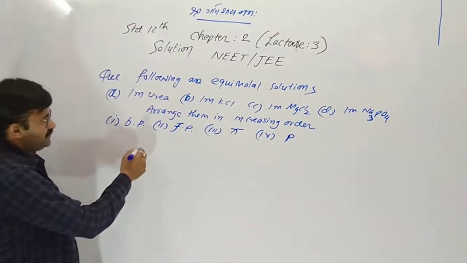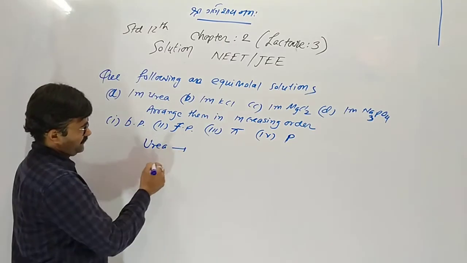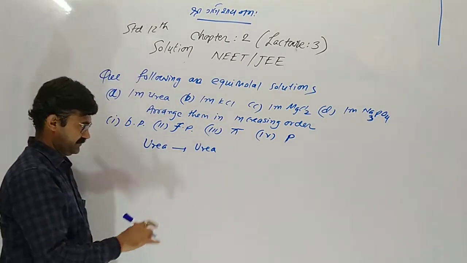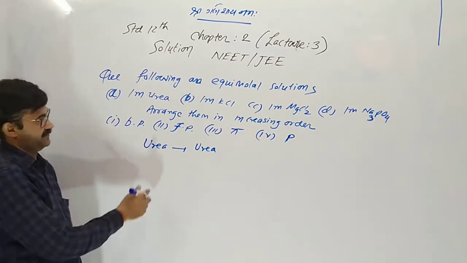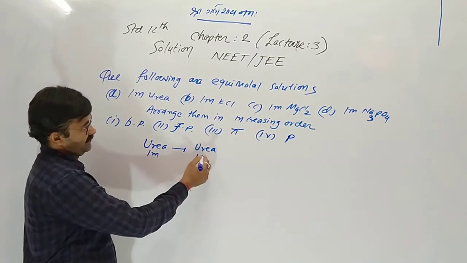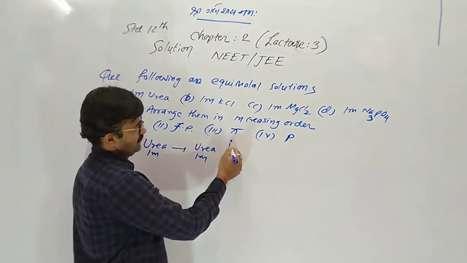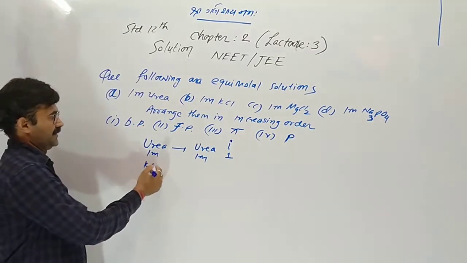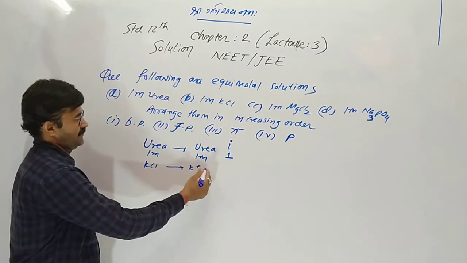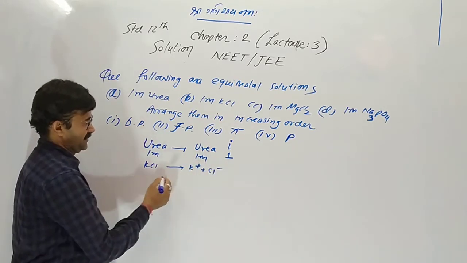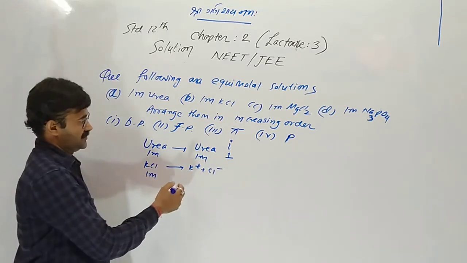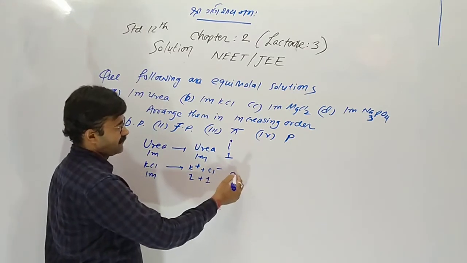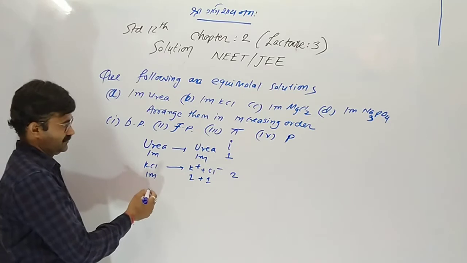So here urea never ionizes in water. No electrolyte. So molality remains 1. Van't Hoff factor is 1 for urea. But in case of KCl, it gives K plus and Cl minus, so molality will be twice. Van't Hoff factor 2.